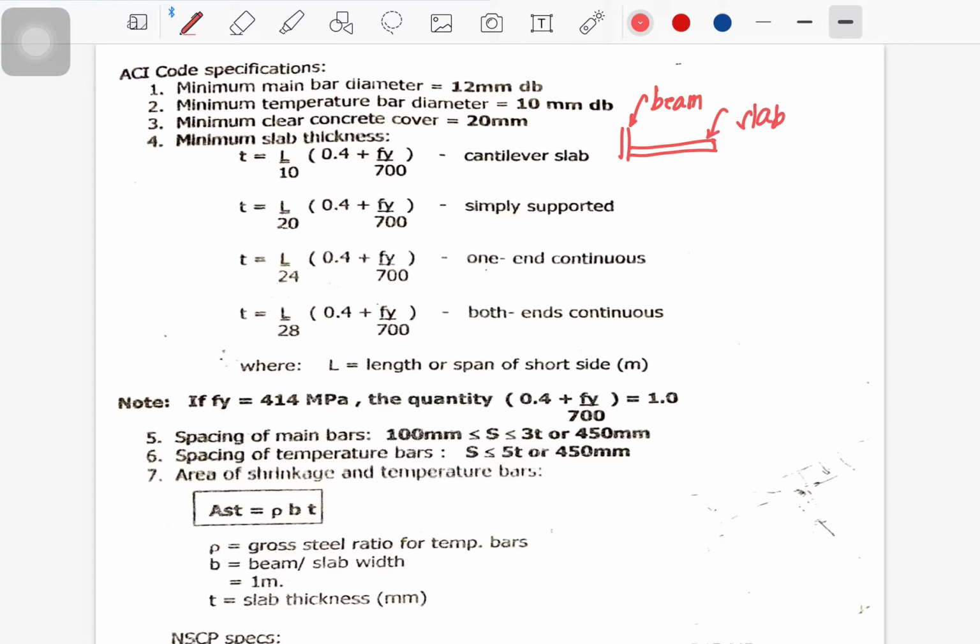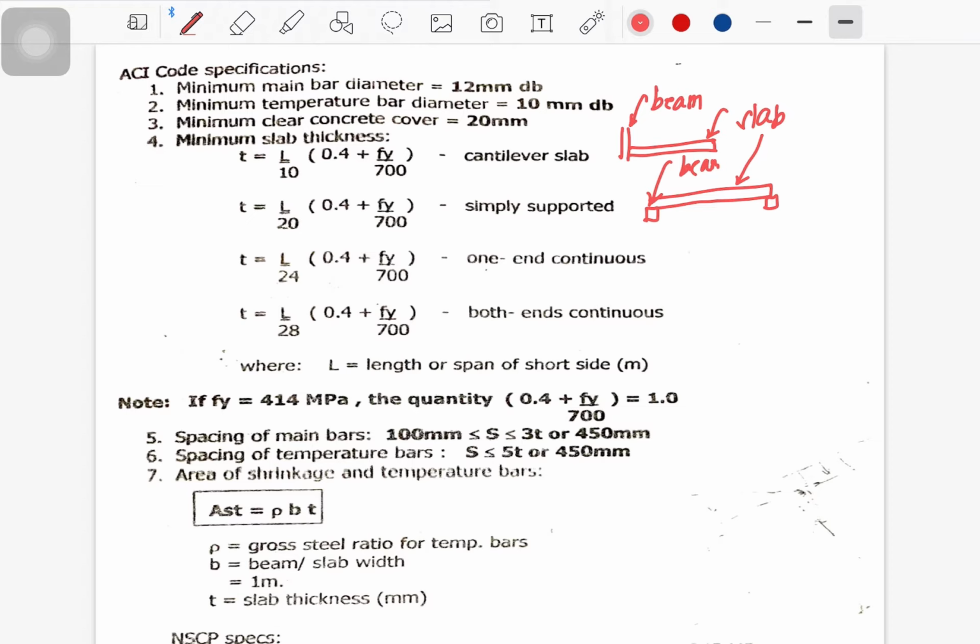This is the cantilever slab. Then you have the simply supported, so you have the beam, then the slab.